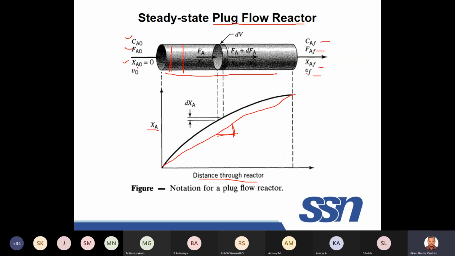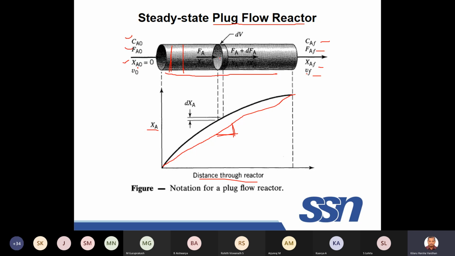So what you have to do is take some small elemental strip, just like a thin slice. The thin slice has a distance delta X or delta L here. And through that, here is the input and here is the output.